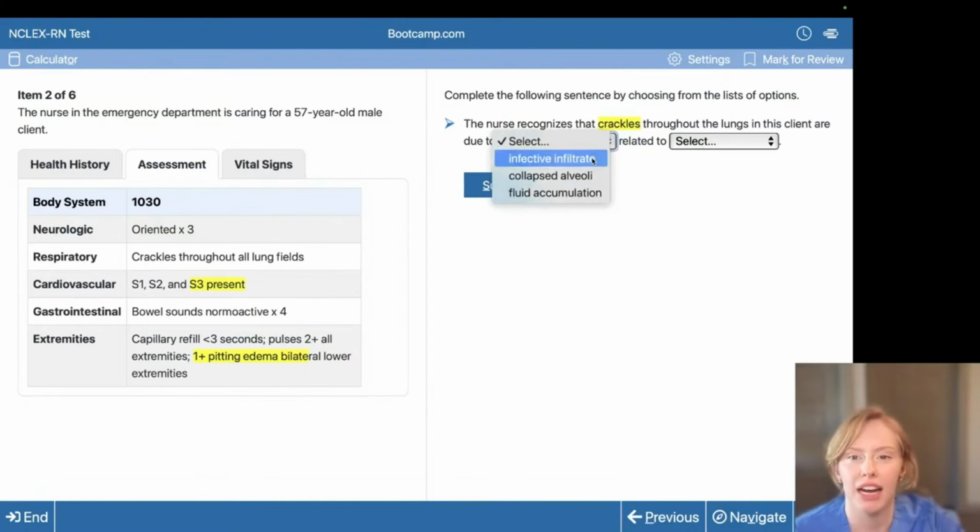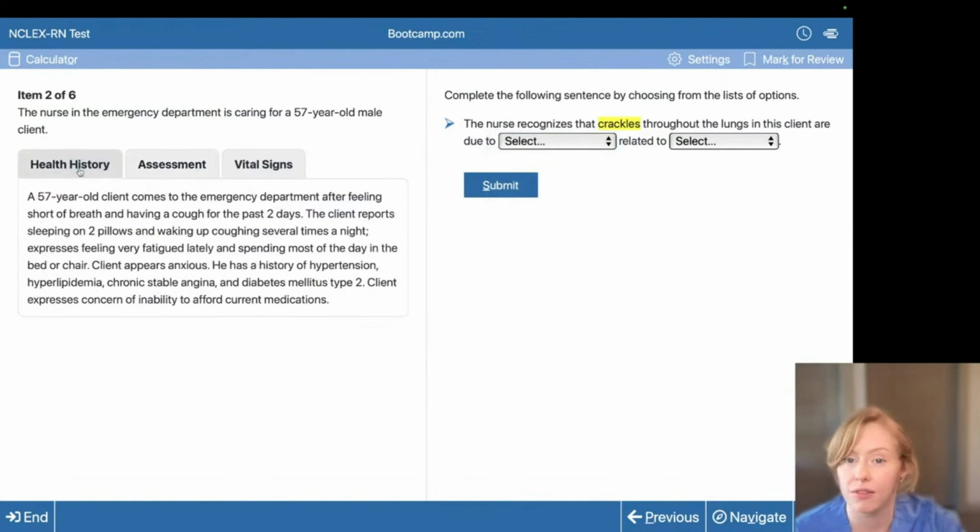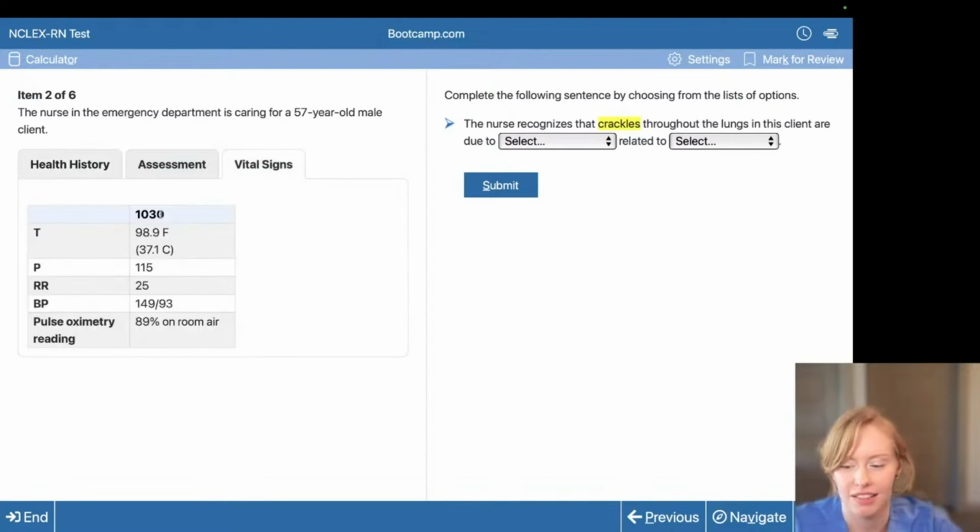How would we know if he had an infection? Somebody who has an infection like pneumonia would be short of breath, right? But what other findings would tell us that it's related to infection? I'm thinking something like his cough. What if he was coughing up yellow-green sputum? What about his vital signs?